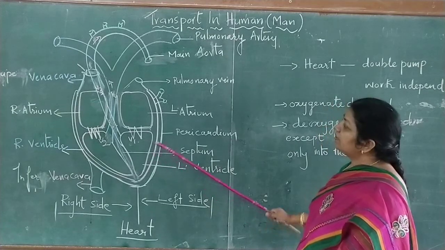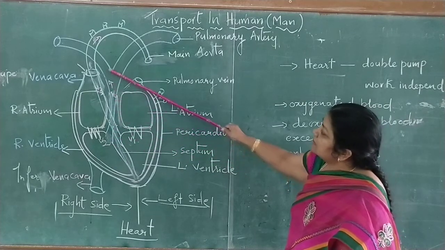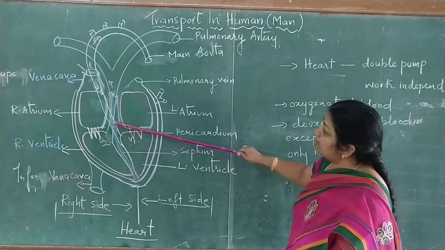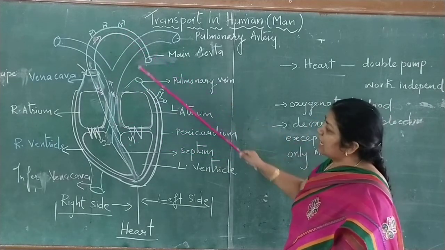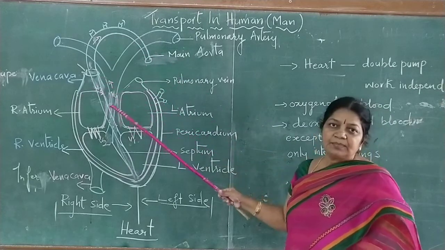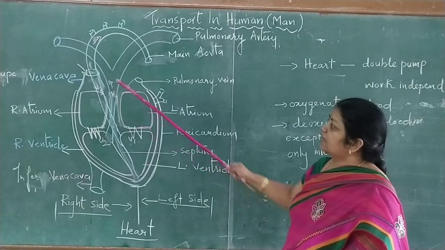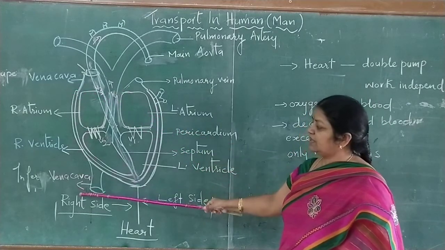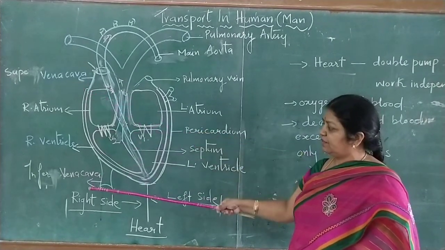fluid. Here you can see the pulmonary artery, and the vessel from the ventricle is the big main aorta, which branches into many arteries. Once again, why am I repeating this? You should know the parts of the heart first, then only can you understand. On the right side you can see the superior vena cava and inferior vena cava.